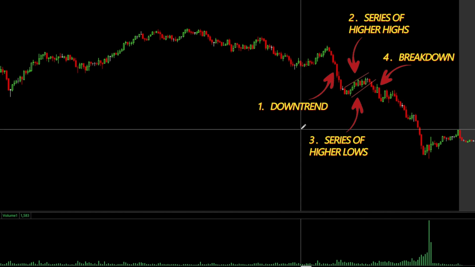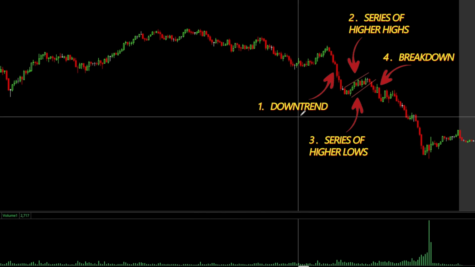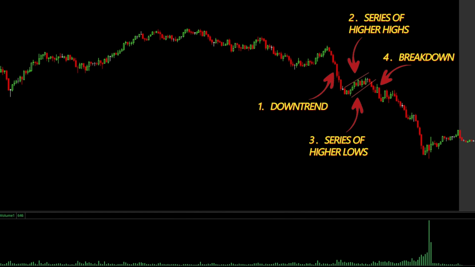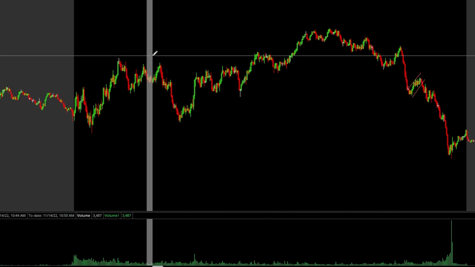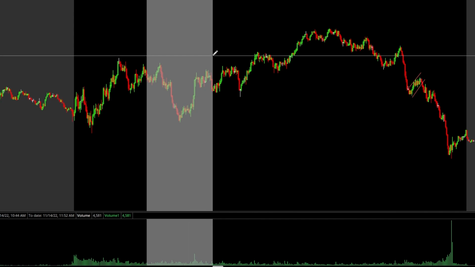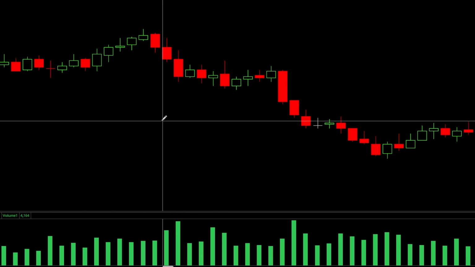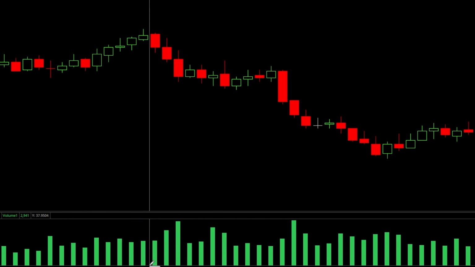Okay, let's go see if we can find another example here. We've been in kind of a bear market, so it shouldn't be too difficult to find these. Yep, and if we go just a little bit farther forward in the day, we see another one here.